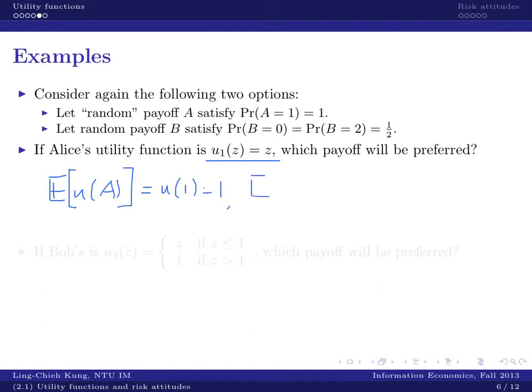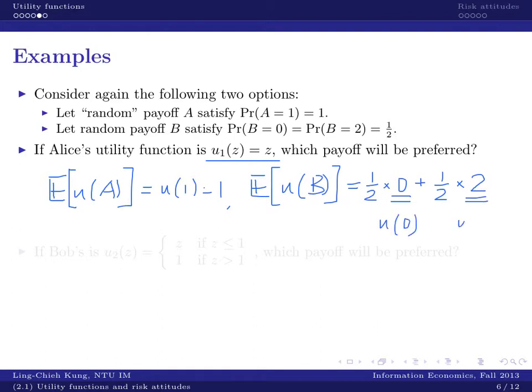How about B? I'm going to calculate this. Here, B has 2 realizations. With probability 1/2 it may be 0, or with probability 1/2 it is 2. Here I need to remind you that this 0 is actually U of 0, and this 2 is actually U of 2.